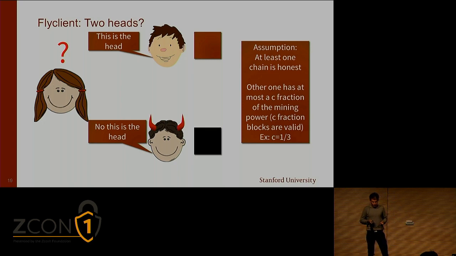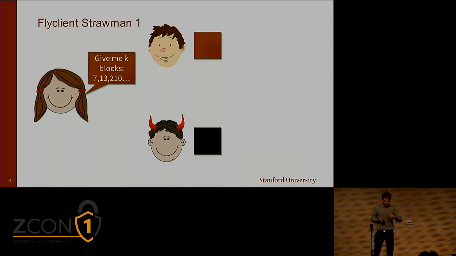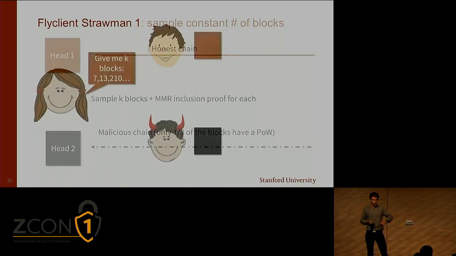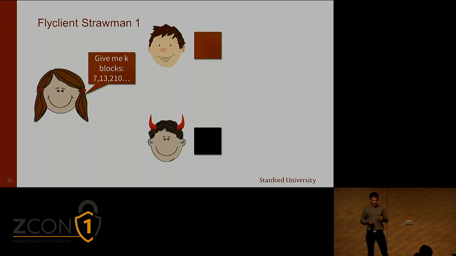This leads to a very simple strawman, where Alice just asks for a bunch of random blocks. So she asks, give me blocks 7, 3, 2, 10.